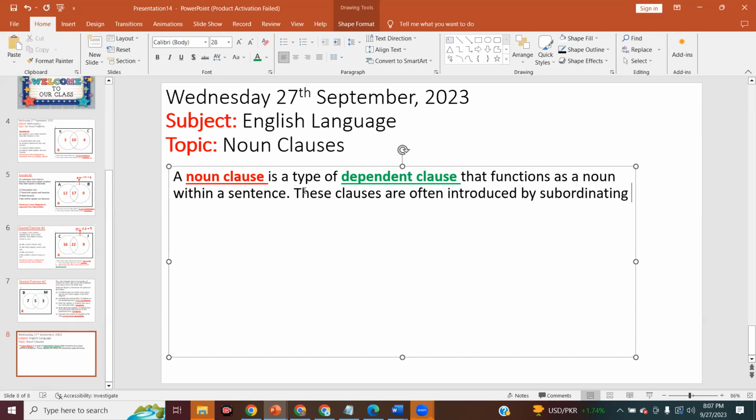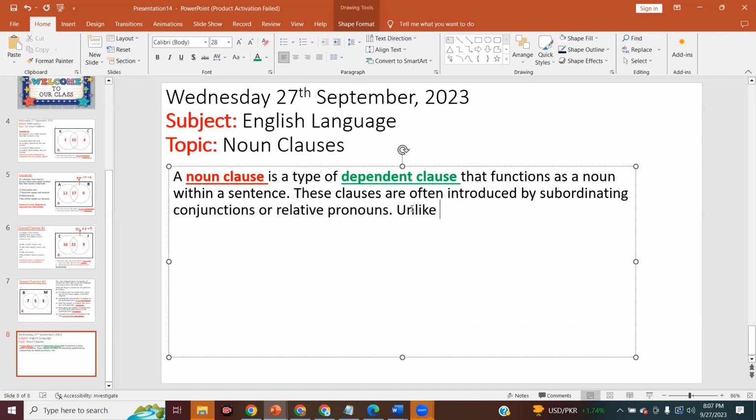What are subordinating conjunctions? We learned about them when we talked about dependent clauses. Or they are introduced by relative pronouns. What are relative pronouns? Such as who, whom, whose, which, and that. Very good.